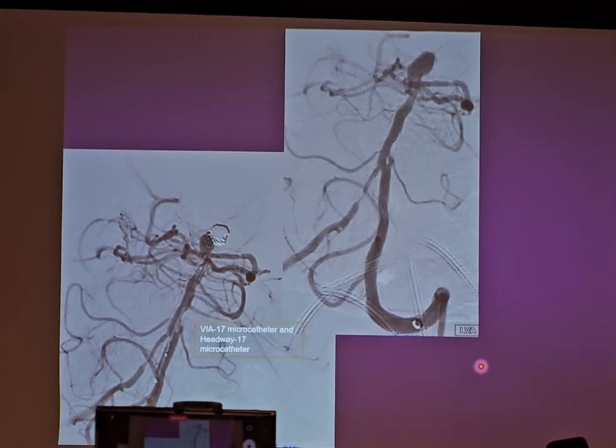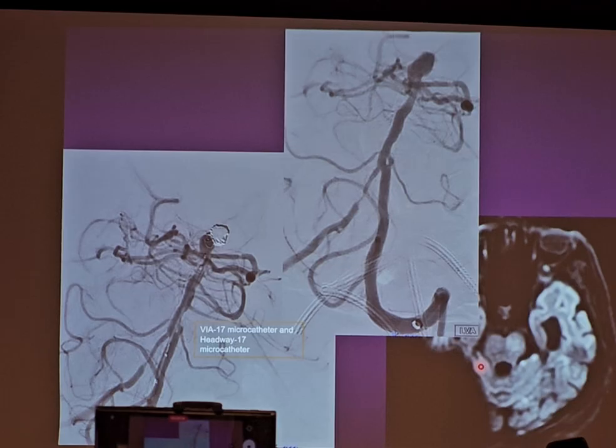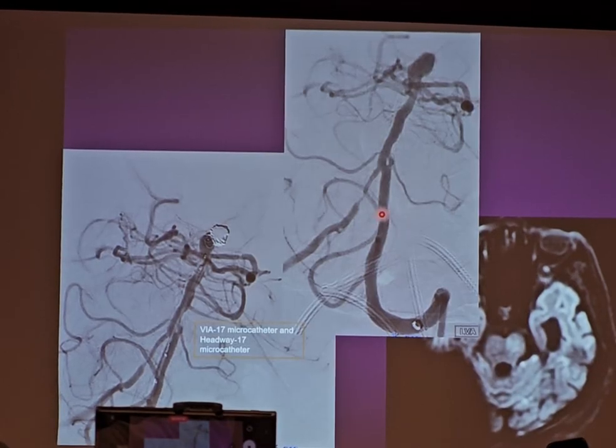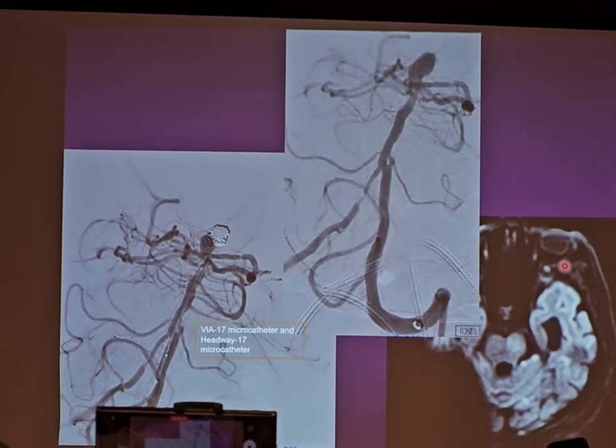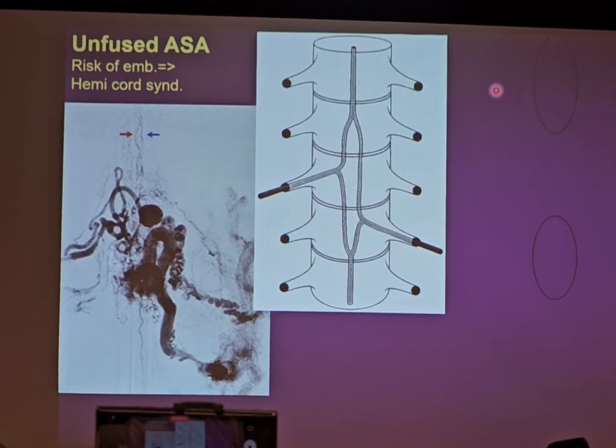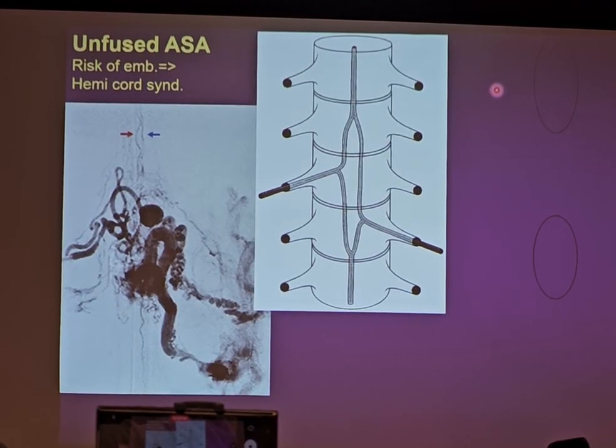By doing that through one of the limbs, you may compromise the perforators, because you see it interrupts with a small side limb, and this can occur during the procedure. So take a look, and try to use a system that is not too big. For example, here they put the 6 French up a little bit high.